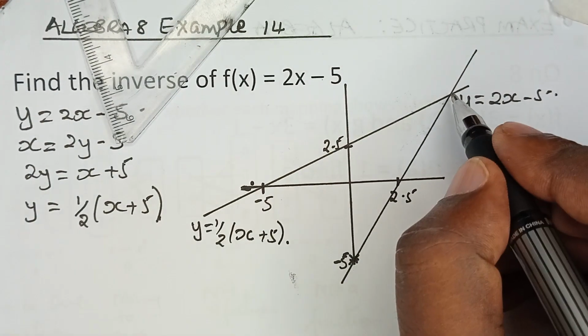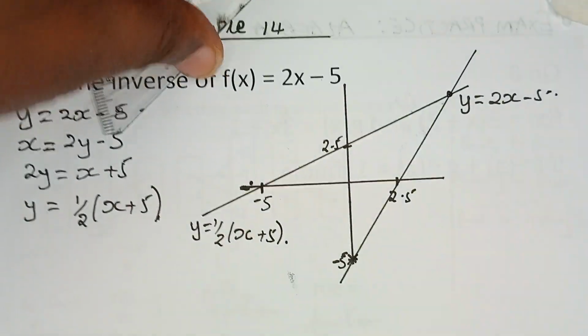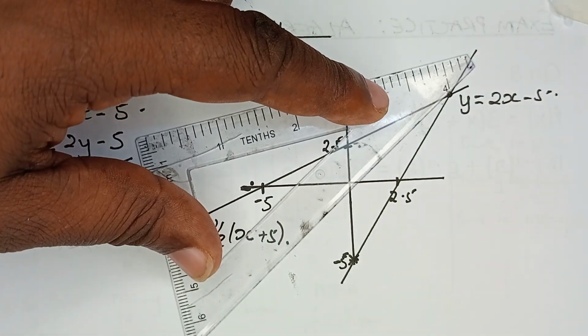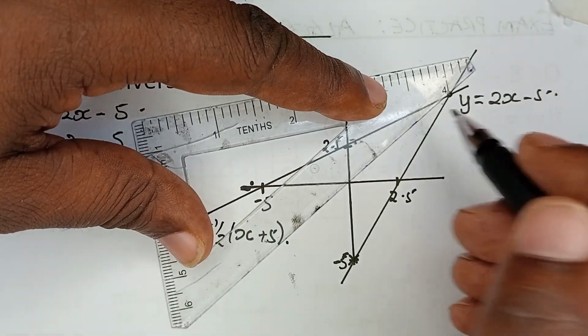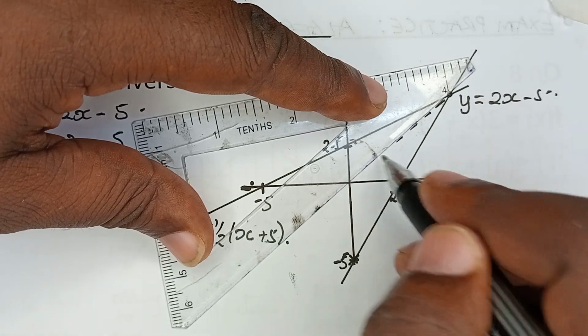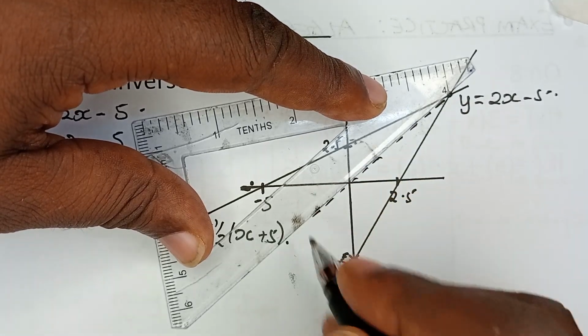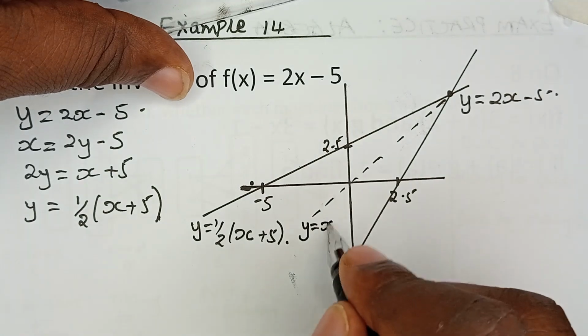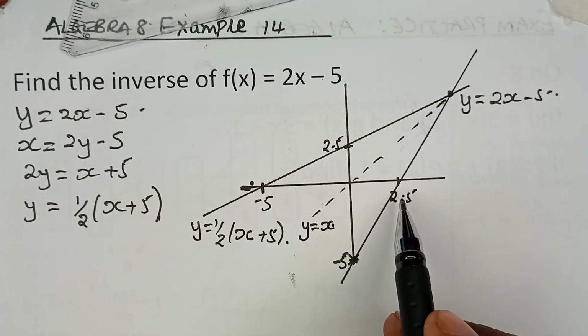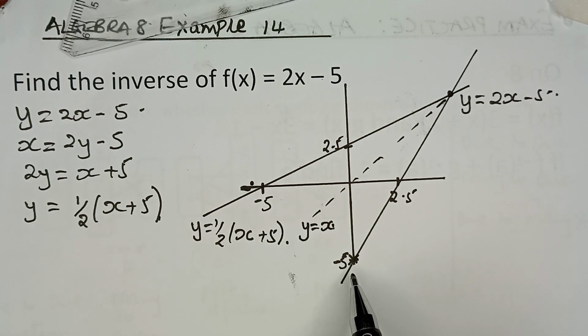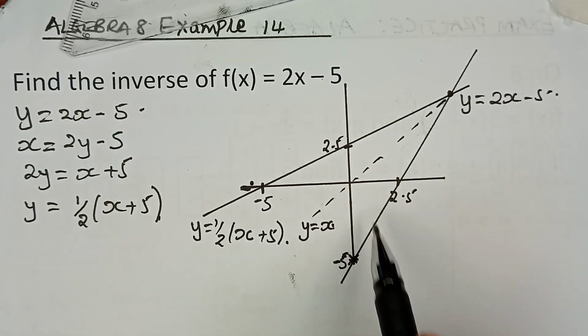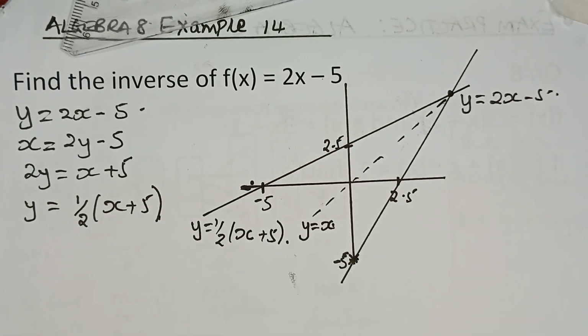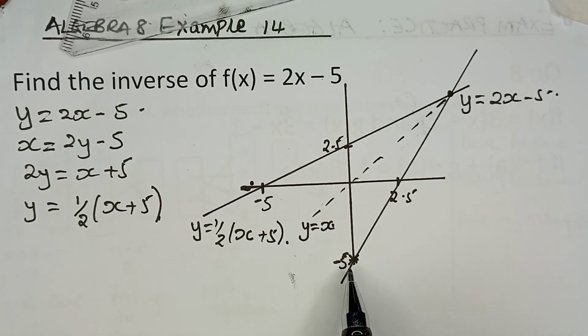You can see they are meeting here, and it is a clear reflection along the line y is equals to x. This is the mirror line, y is equals to x. You can see 2.5 reflects to 2.5, minus 5 reflects to 2.5, especially when you consider all the properties of reflection, perpendicularity and equidistance. You will see that minus 5 reflects along this middle line.